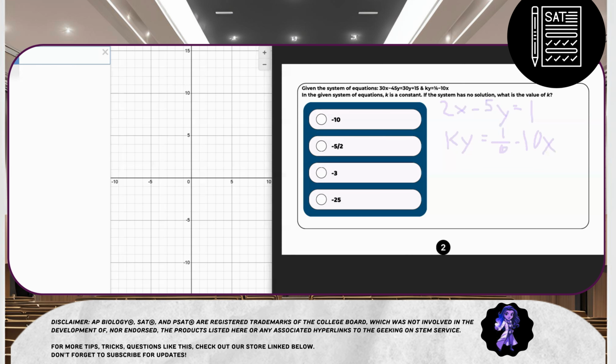What that means is I'm going to bring the 10x over to the other side. So I have 10x minus, or I should say plus, ky equals 1/6.